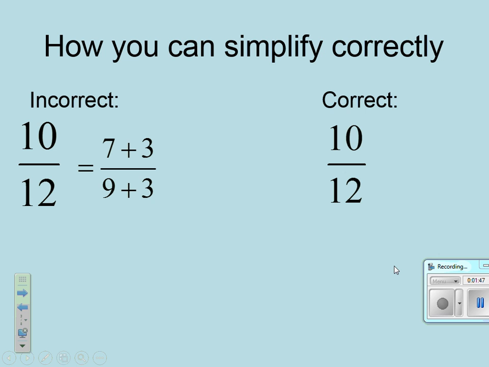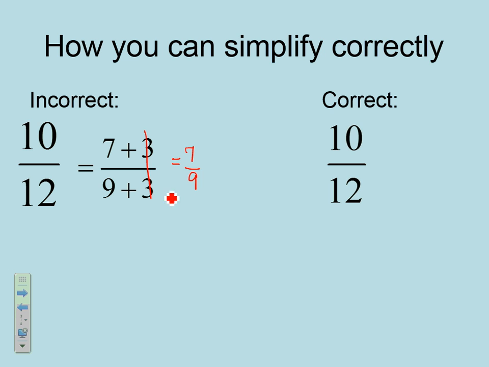Again, I hope so. Now, this is what a lot of people think. Oh, here we go. I can just take the 3's, cancel them out, and get 7/9. Does 10/12 really simplify to 7/9?